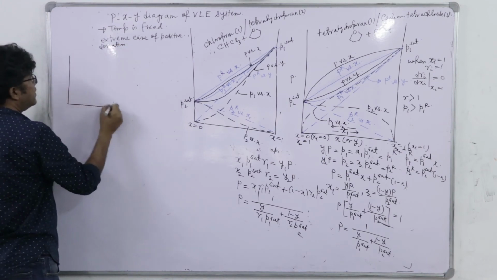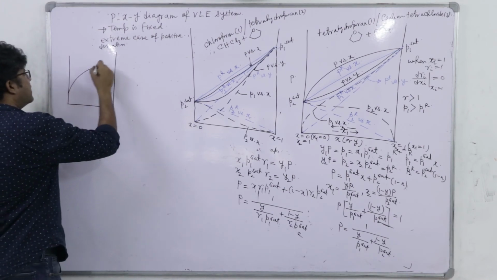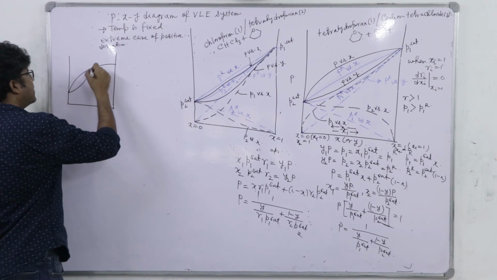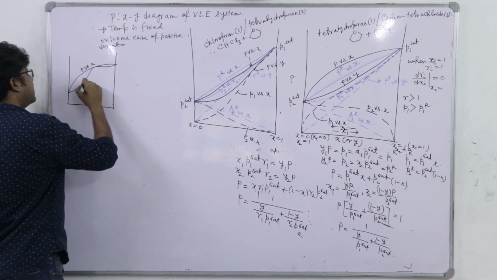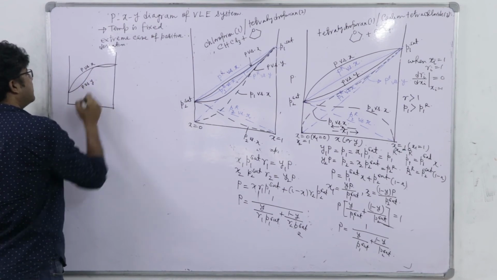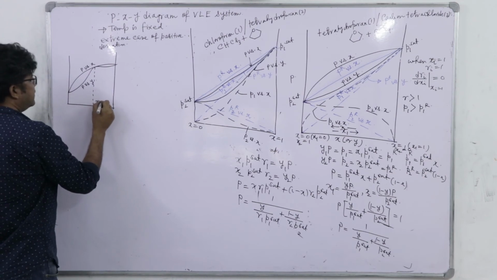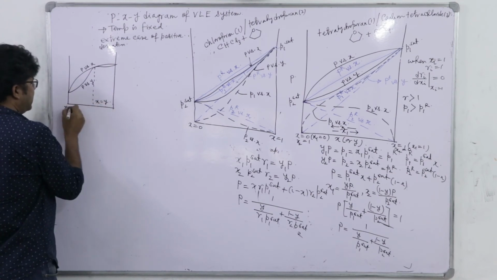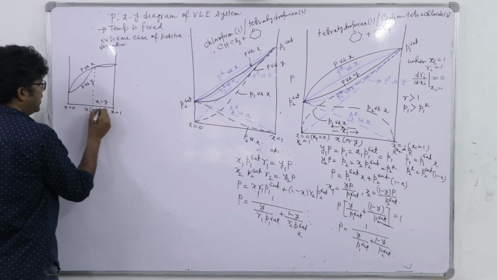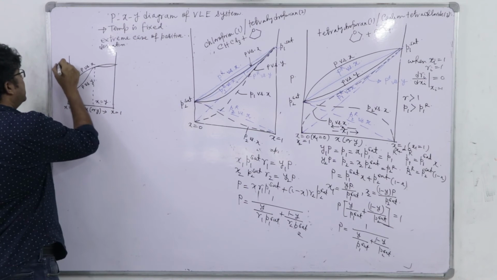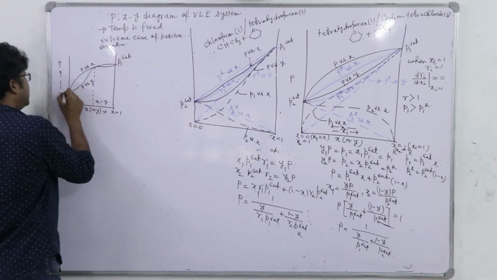So, this is P versus x, this is P versus y, right, and at this point x is equal to y. So, this is x equal to 0, x equal to 1, x or y, and this is P, this is P1 sat, this is P2 sat.